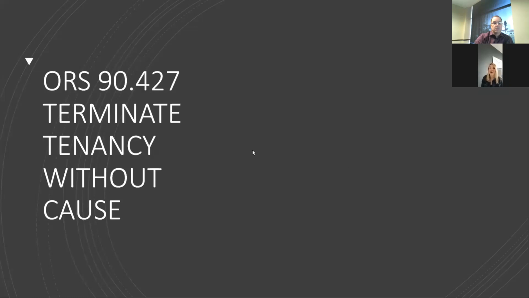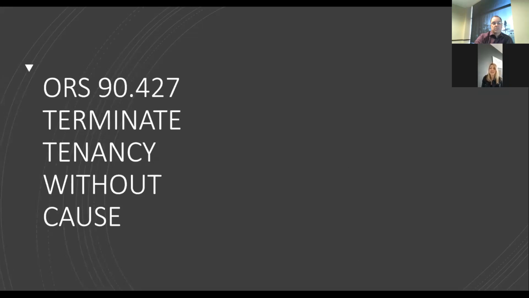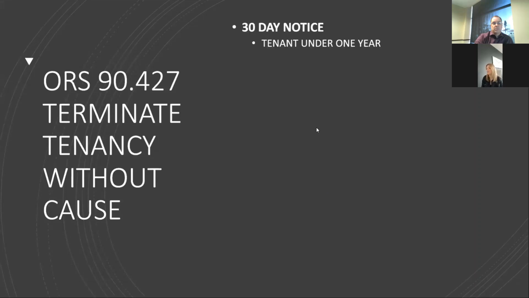Okay, so we're going to cover ORS 90.427, terminating a tenancy without cause. The only way that you can terminate a tenancy with 30-day notice is under 1 year. So you can give a 30-day notice to anyone on month-to-month under 1 year. Or you can give a 30-day notice to someone on a fixed term lease that will be expiring within that first year.